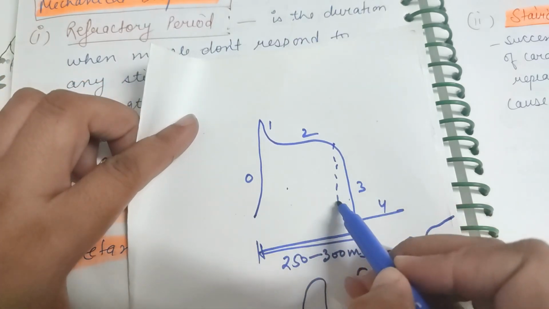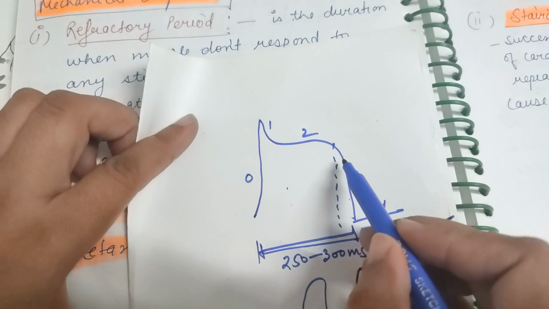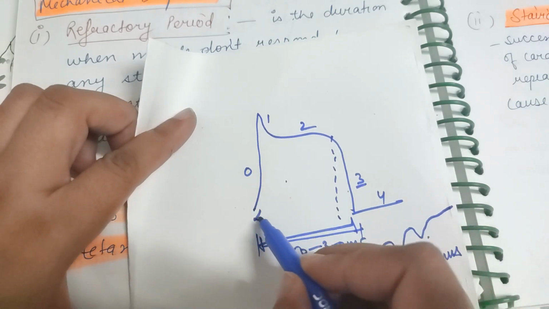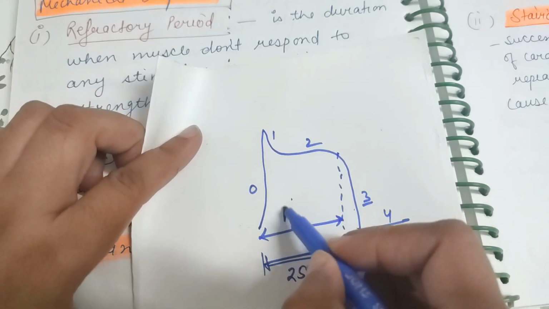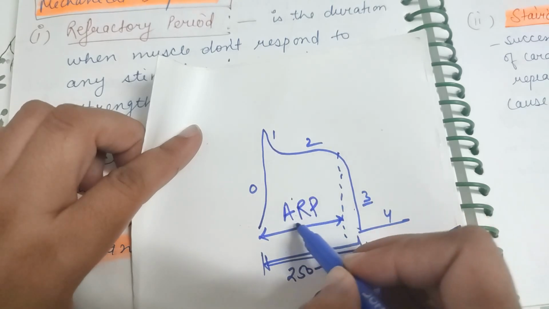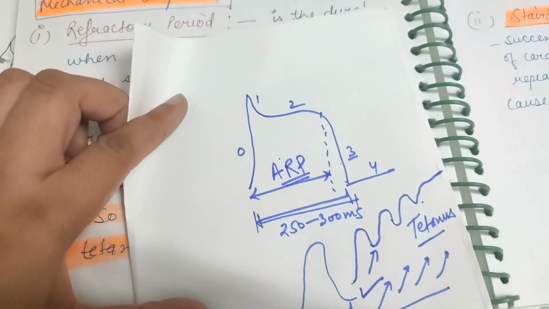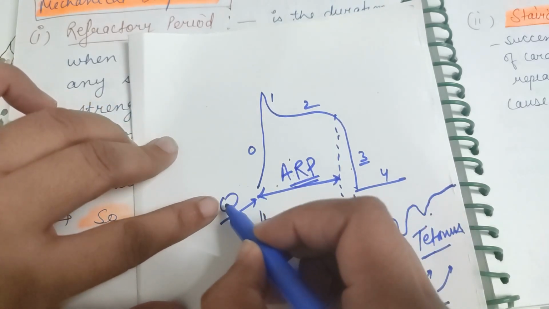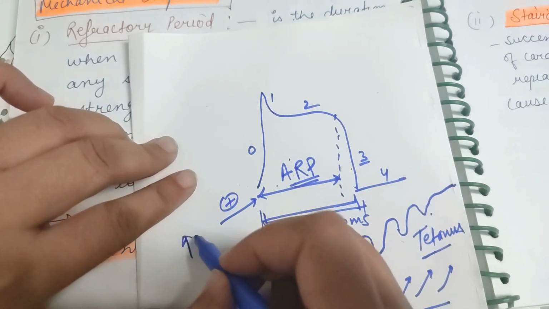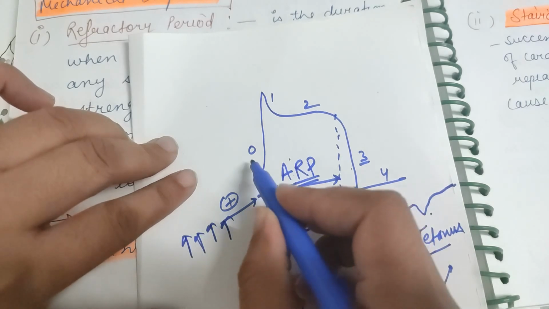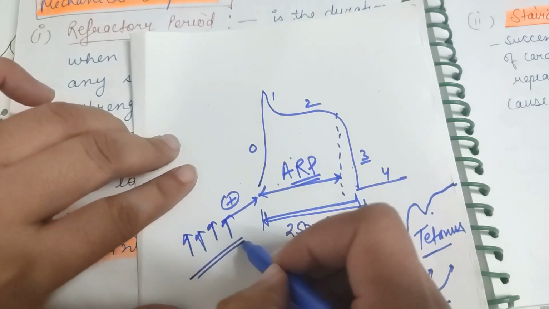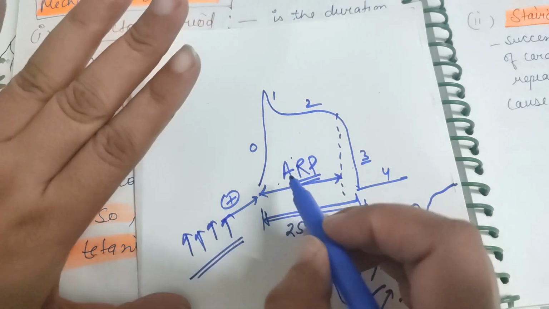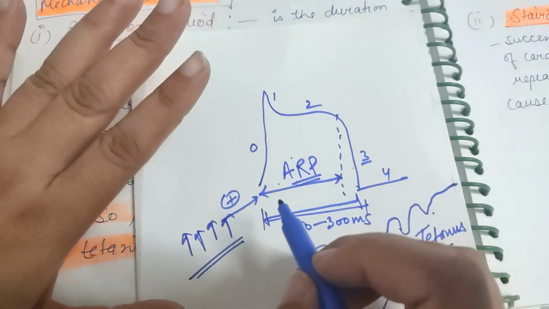From the start, up to the third phase, which is repolarization, this part is called the absolute refractory period. It means that if you stimulate this tissue with a stimulus stronger than whatever has been applied, it will not respond; it will be refractory to that stimulus.